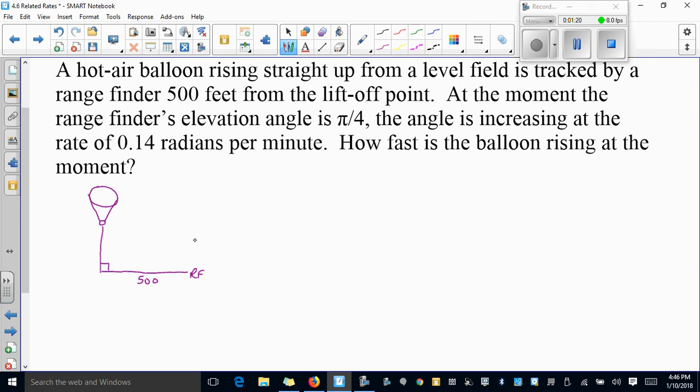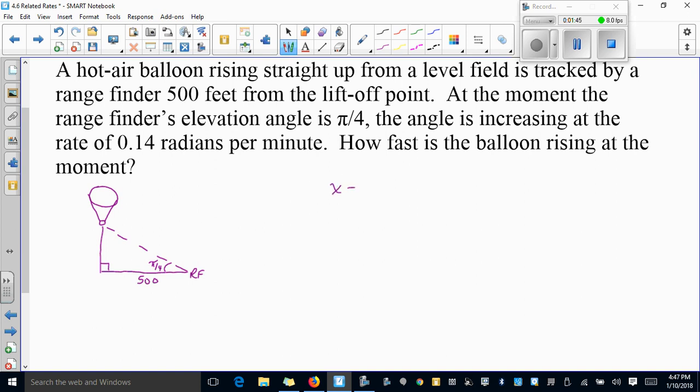So we're going to assign variables. I'm going to let x equal the height of the balloon. I'm going to let y equal the distance of the rangefinder, is it called a rangefinder?